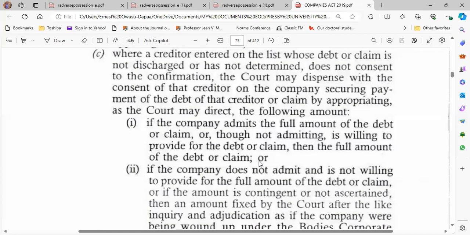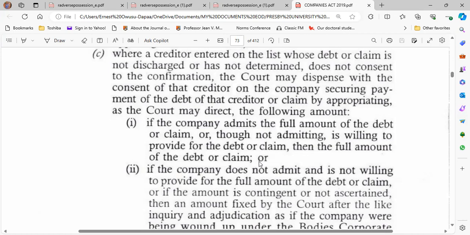What this provision is saying is that where the court ascertains that the company has actually admitted or confirmed that it owes the creditor that amount of money, the court can order the company to either pay the amount of money which it has admitted it owes the creditor, or it can order the company to make some undertaking, right?